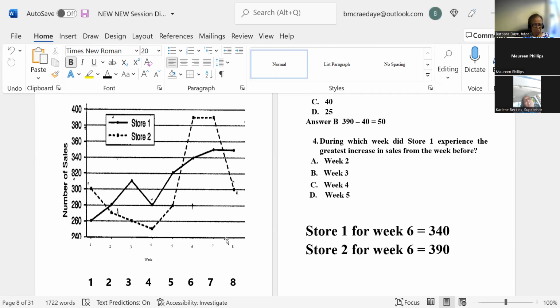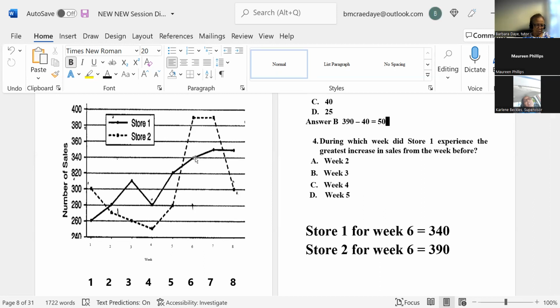During which week did store 1 experience the greatest increase in sales? From one point to the other. You say 5? Okay. You're saying 5. 5 is right, increase here, and it went to here.